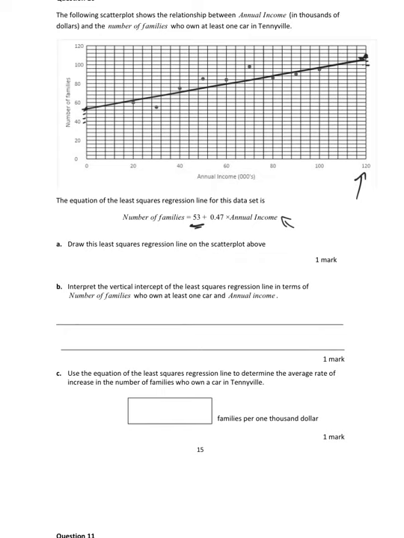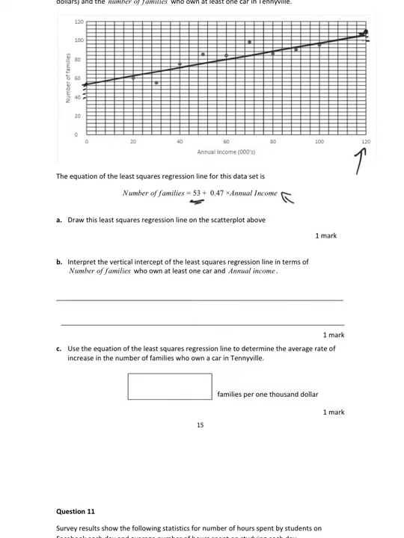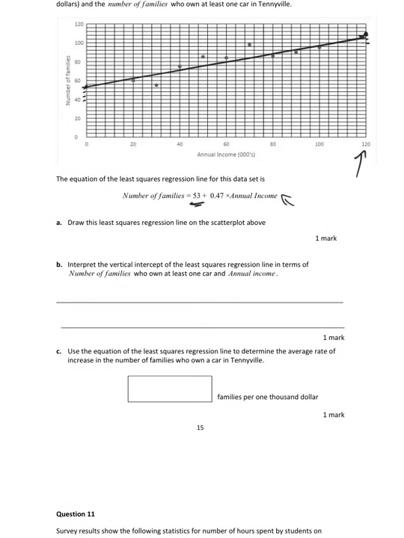Question B, interpret the vertical intercept of the least squares regression line in terms of number of families who own at least one car and the annual income. So essentially the intercept is this 53.